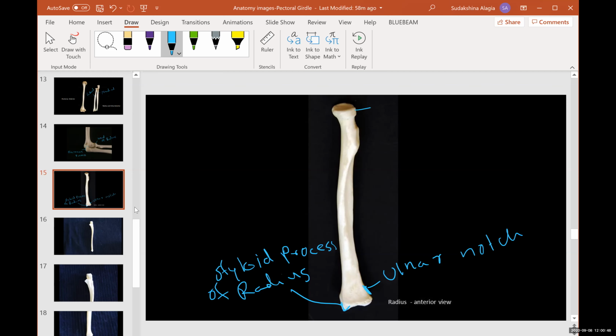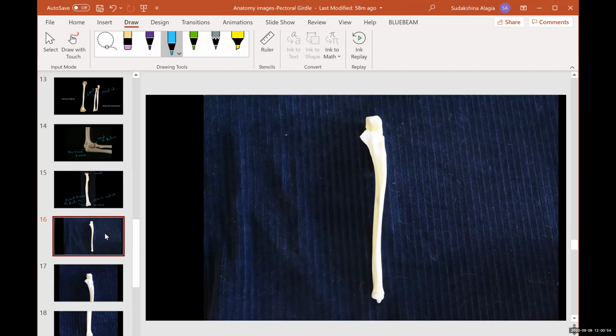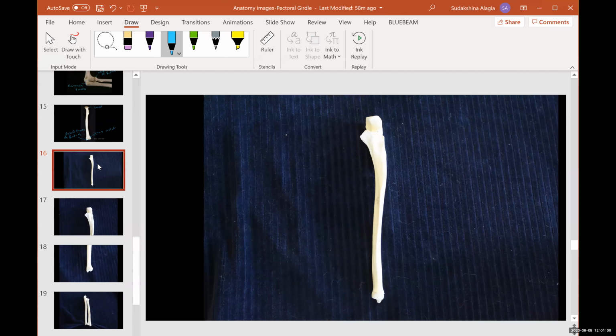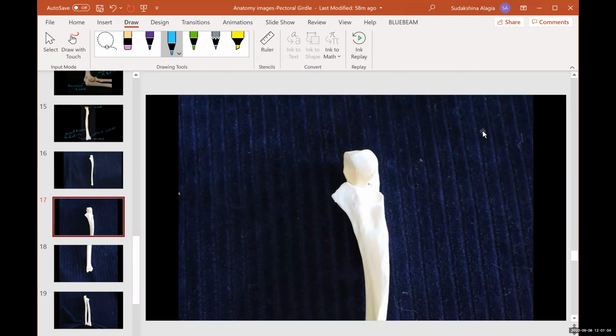I was going to leave it for self-study, but I instead ended up talking about that. Let's look at the ulna. This is what I was talking about. The ulna, basically you are looking at the anterior view.